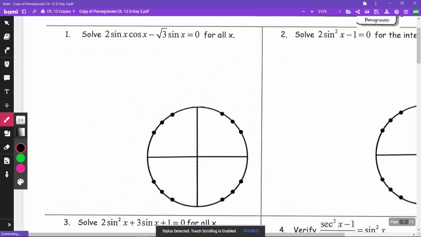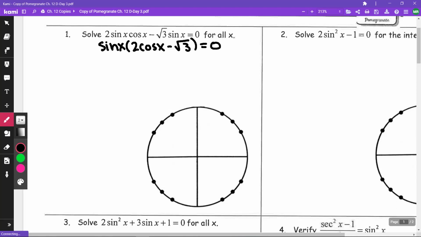Now in this situation, I'm going to try to get my sine factored out, and I'm going to be left with 2 cosine x minus root 3 is equal to 0. So we have just factored this.